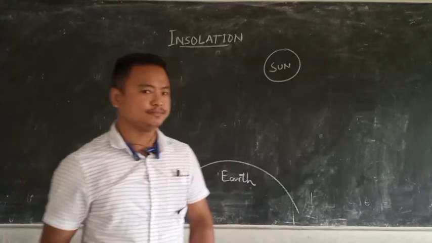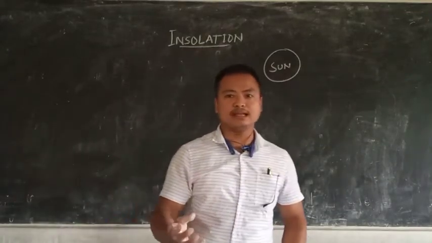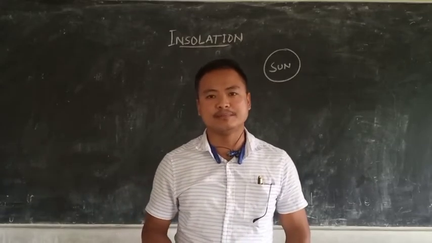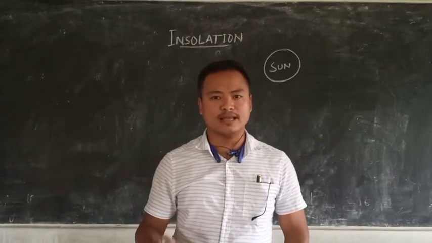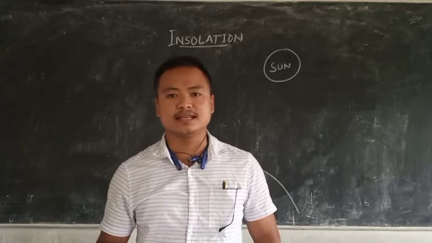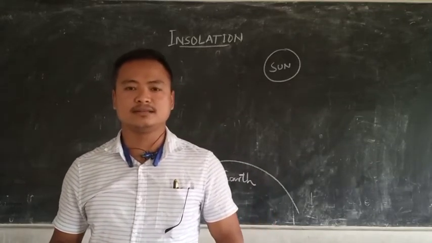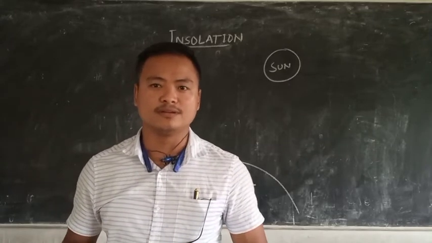We on Earth receive a very adequate amount of heat, or you can say temperature, which is very helpful for life to sustain on this planet. In fact, we can say that the distance between the Sun and the Earth is also one of the factors for survival of life.